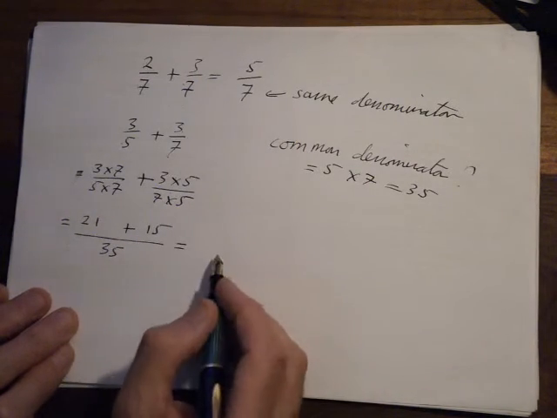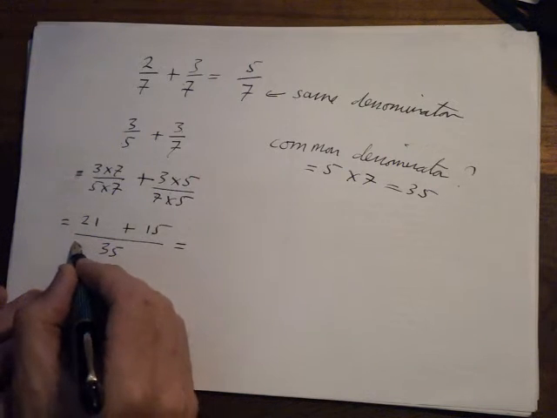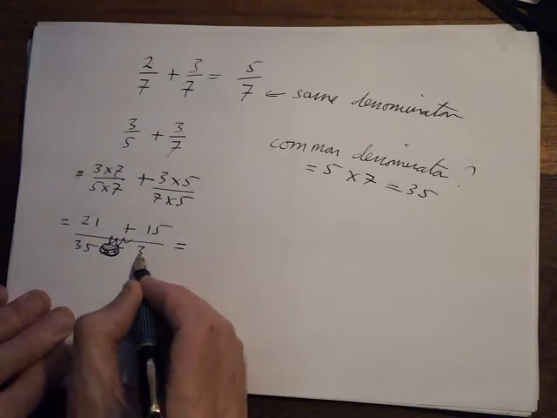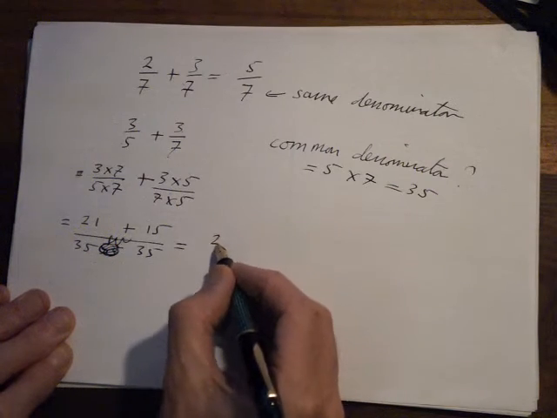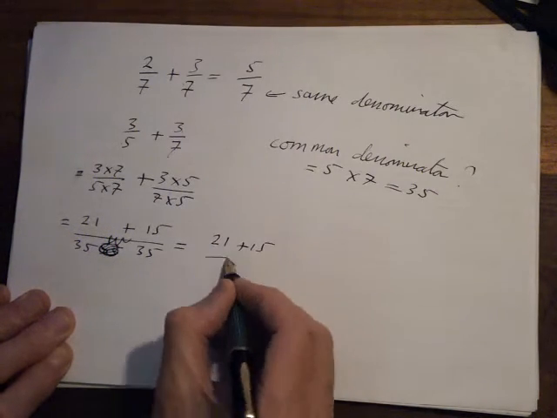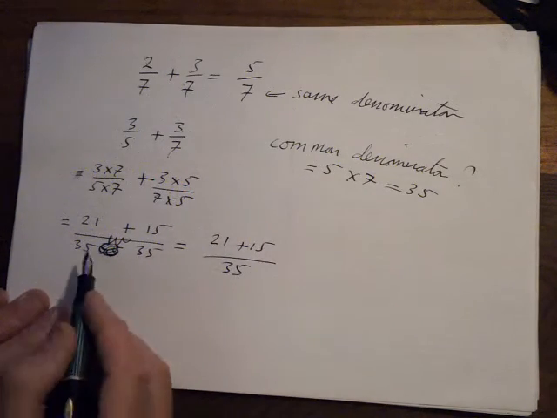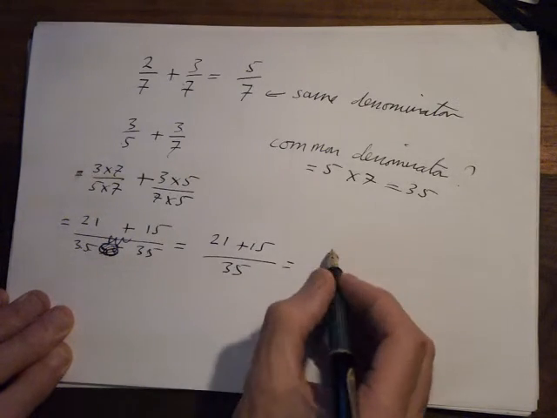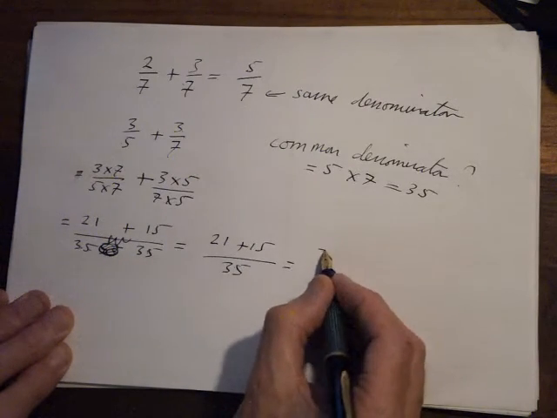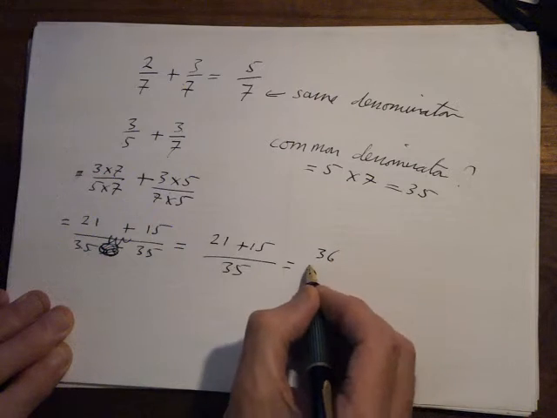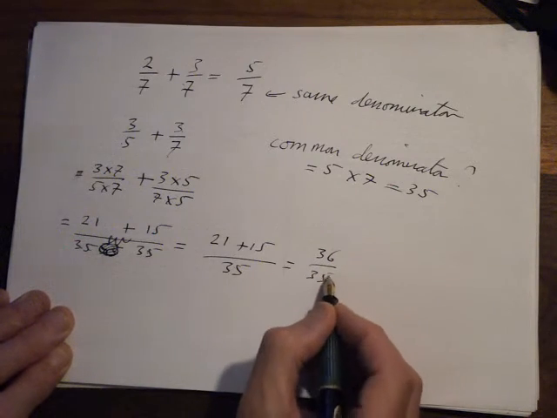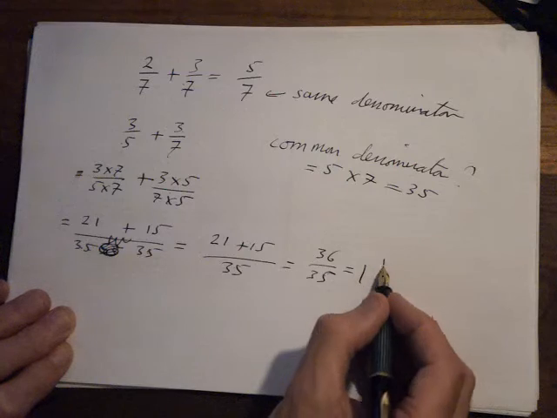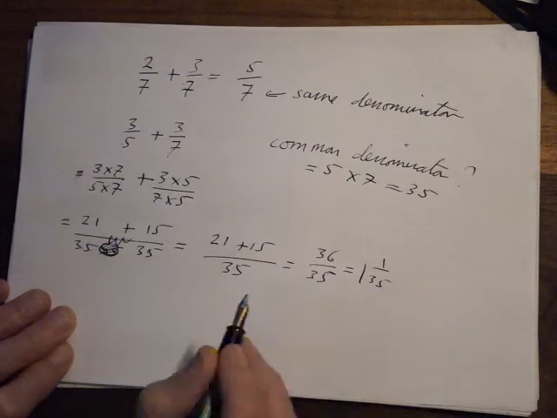That means the answer that we get, I could write this 21 over 35 plus 15 over 35, which is the same as 21 plus 15 over 35. Notice that the denominator stays the same, and 21 plus 15 is 36 over 35. And that's an improper fraction. We can simplify that, of course. We can go to 1 plus 1/35.